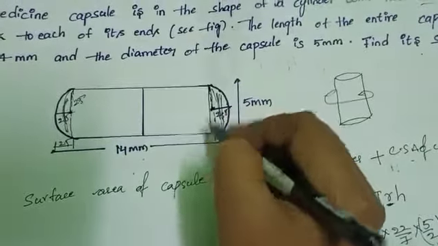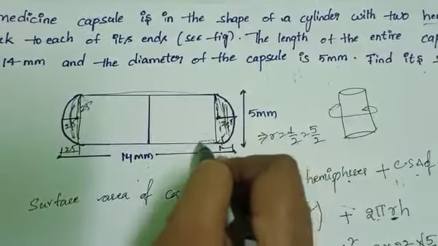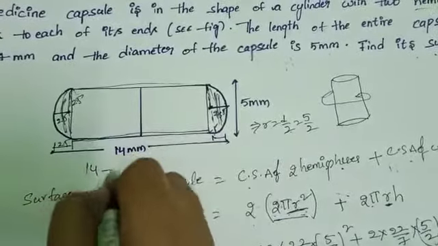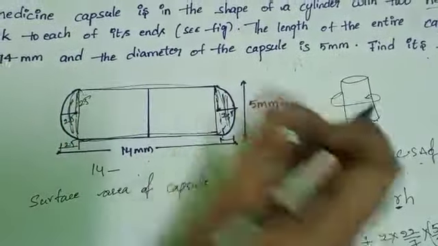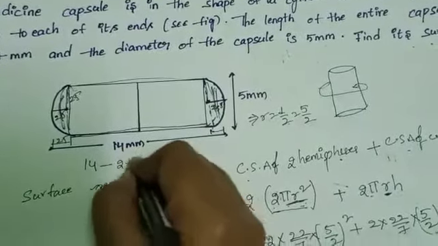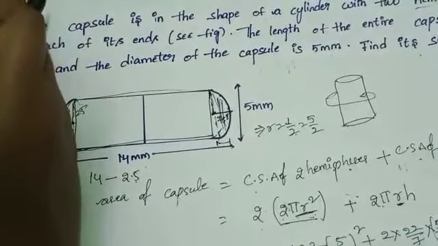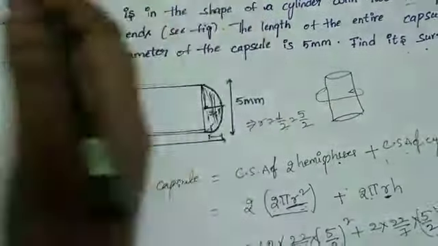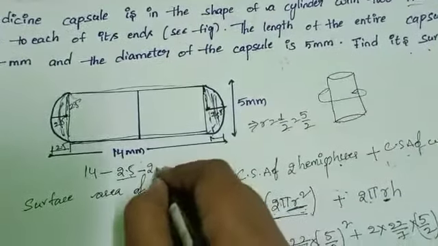This portion is the cylinder. So height of the cylinder is the total length 14 minus the radii of the hemispheres, 2.5 at one end, and minus 2.5 at the other end. Left end is 2.5, right end is 2.5.